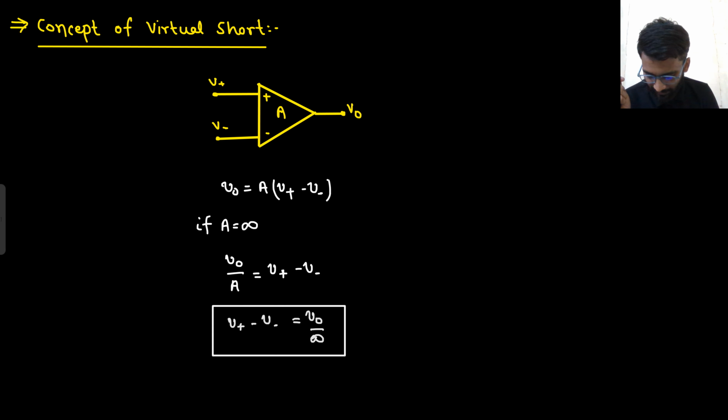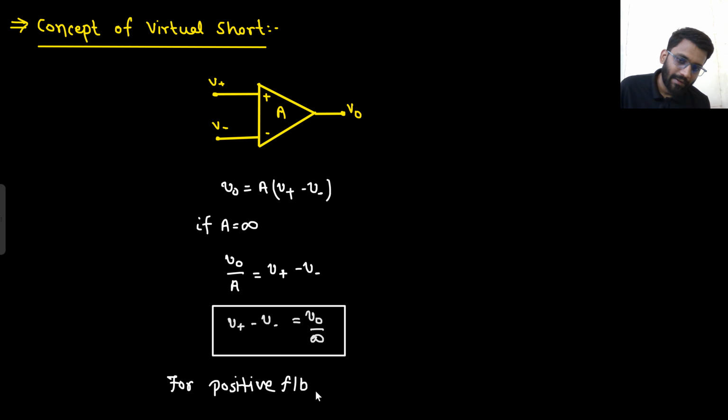V naught will keep on increasing, right? And in case of negative feedback, it will be stable. It will not keep increasing. So for positive feedback, V naught is unstable.